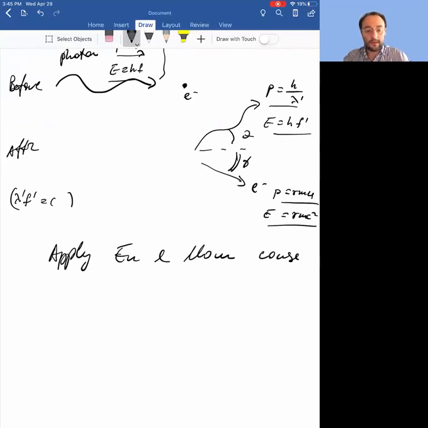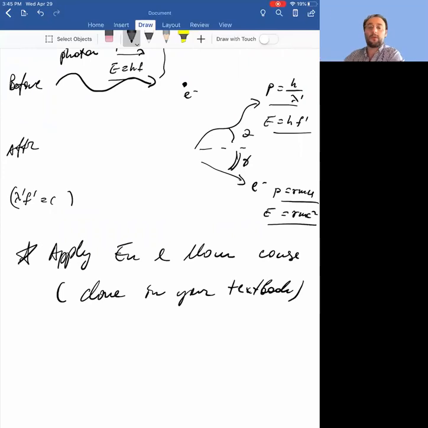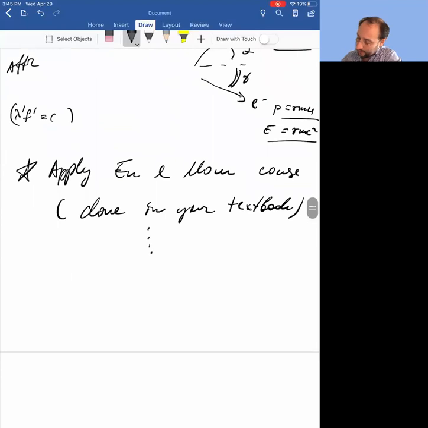And if we do that, I think that's done in the book. Okay, so the key is you just grind through the math, you apply energy and momentum conservation, and when all is said and done, I'm just going to present the result.